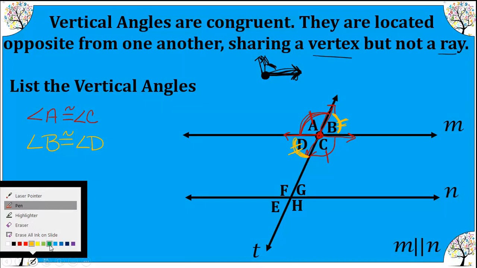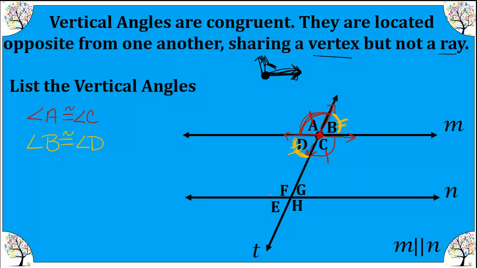Okay, now let's take a look at the bottom part of this diagram and list the two other pairs. And let's start with angle F. Angle F shares a vertex with angle H, but not a ray. So angle F is vertical to angle H, therefore they are congruent.